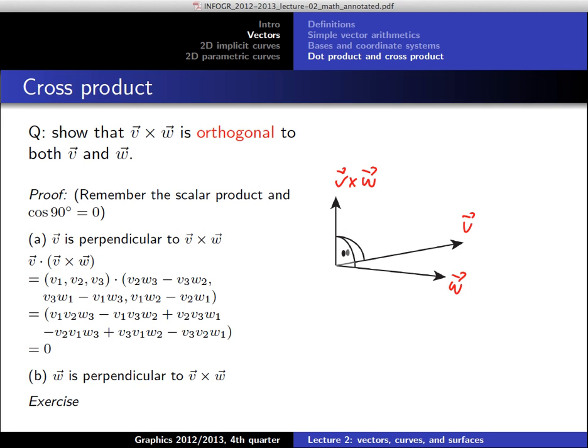So when we want to prove the claim that the cross product is perpendicular to the original vectors, we just take the scalar product of the cross product with each of the original vectors, and if that is 0 for any random vector that we can choose, then we have proven that for any random vectors v and w that we choose, their cross product is perpendicular to them.